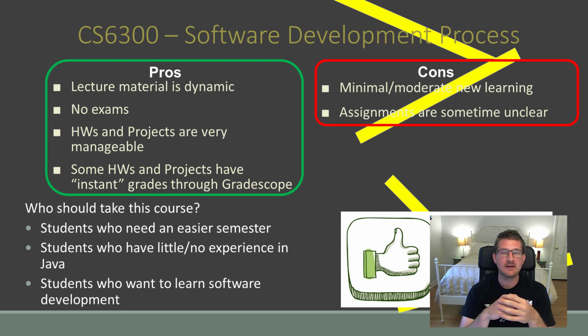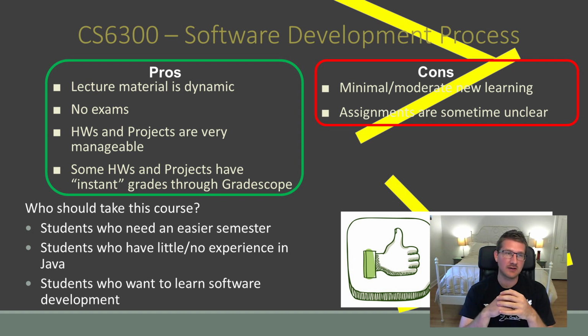And then secondly, sometimes the assignments can be a little bit unclear as to what they're asking. Some of the assignments are written very well and you know exactly what they're asking for and you can jump right in, but at the same time there were other assignments where I would have a little bit of trouble understanding exactly what they wanted me to do, and it would usually take me 1 or 2 days along with Piazza posts and reading other people's posts to figure out what they were expecting and what they wanted from my portion of the code.